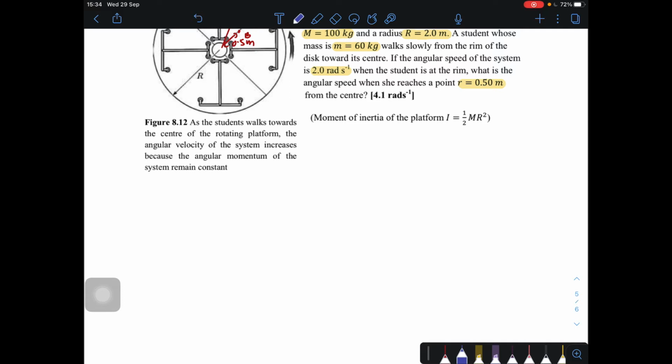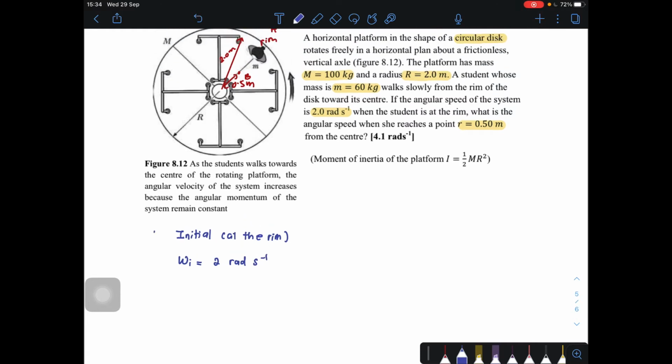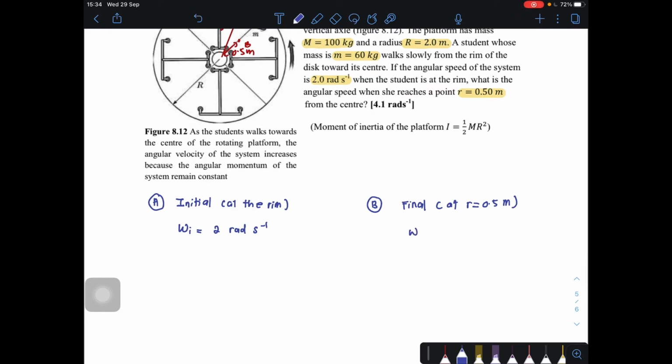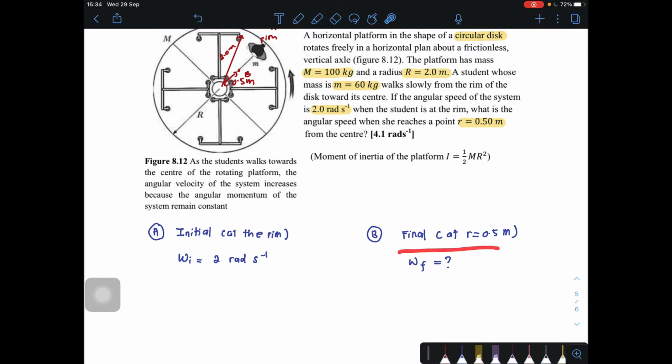So now kita ada initially the student at the rim, so with angular velocity of 2 radian per second. This one point A. And then dekat point B, final, which is at r is equal to 0.5 meter. And then we want to find what is the angular velocity at this point here.